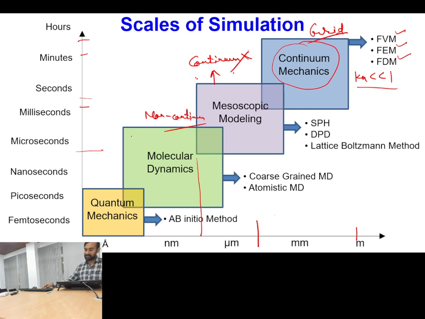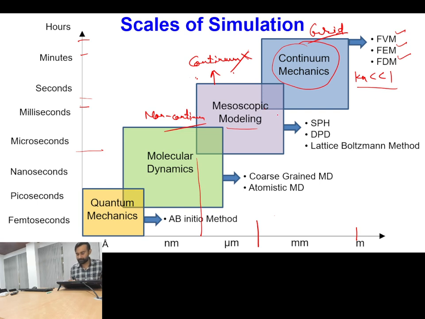That bridge can be dealt with mesoscopic modeling, where a group of molecules can be clustered together and described as some artificial particle. Okay, and a combination of a large number of particles will form your entire fluid medium. Is this one clear?